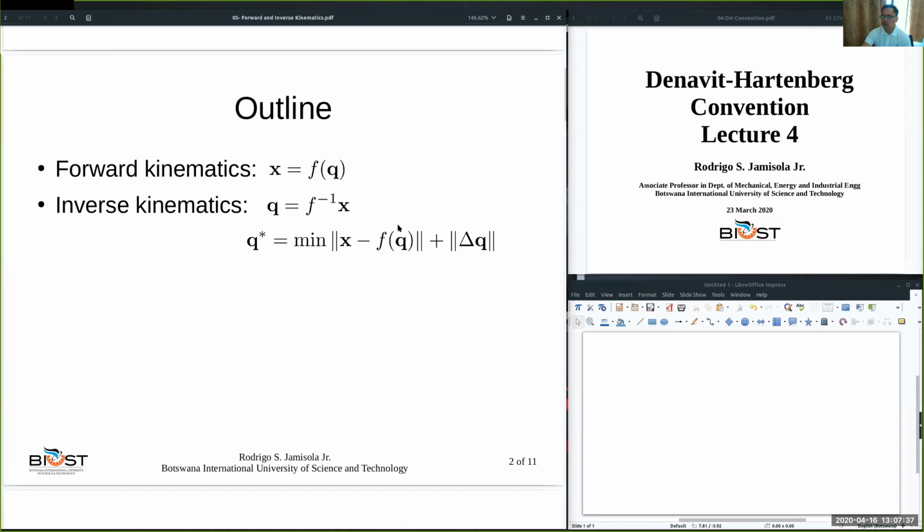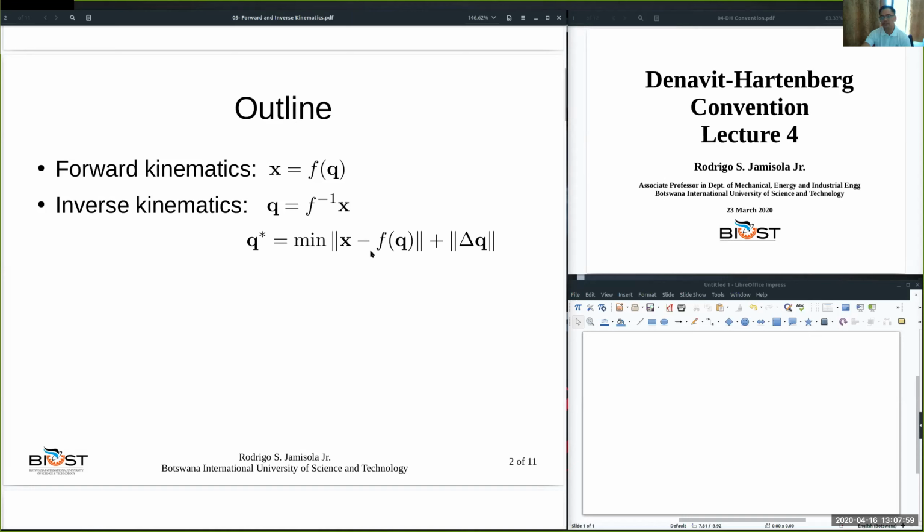And we are looking for that corresponding q that will minimize the error between the end effector location that is being specified against the forward kinematics computation. So we try to minimize that error.